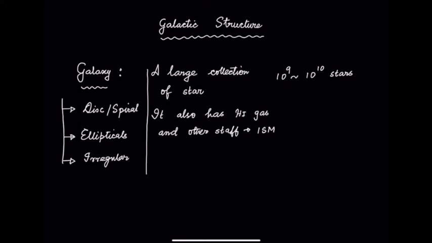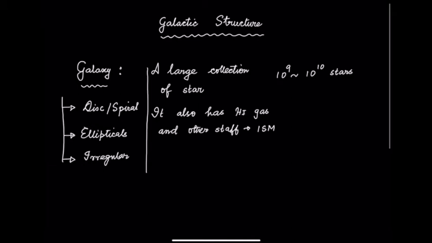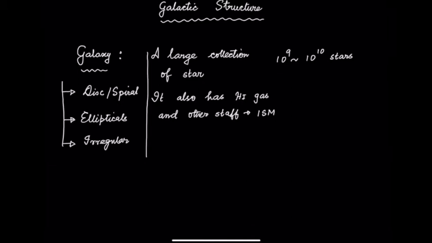We will mostly talk about spiral galaxies, but before we do that, let us look at two pictures, one of an elliptical and one of a spiral. So this is an elliptical galaxy. The point-like objects that you see in the foreground are stars from our galaxy, so they are not important for this picture.